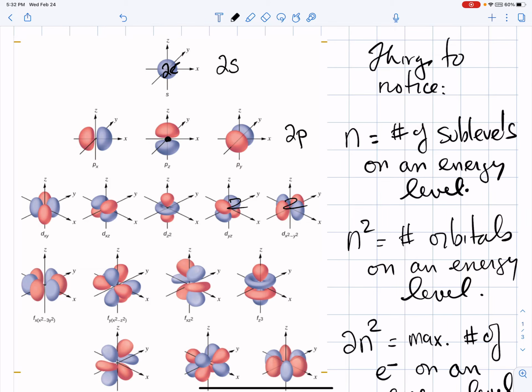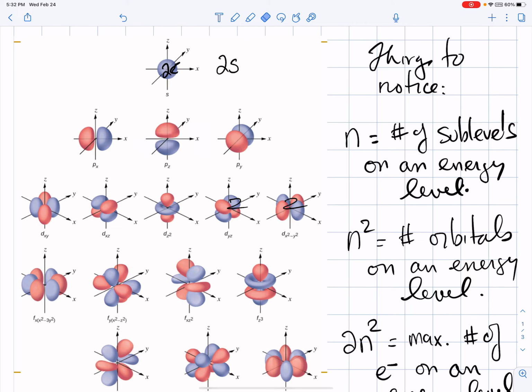The 2p sublevel has 3 orbitals, and each of them, according to Pauli's principle, can hold 2 electrons. So in the 2p sublevel, you could have up to 6 electrons. There's 3 orbitals times 2 electrons each. If you add up all those electrons, you find that on the second energy level, you could have up to 8 electrons, and then it's full.